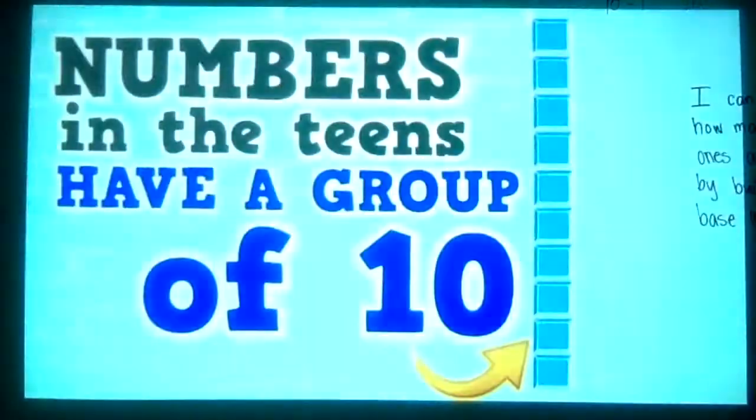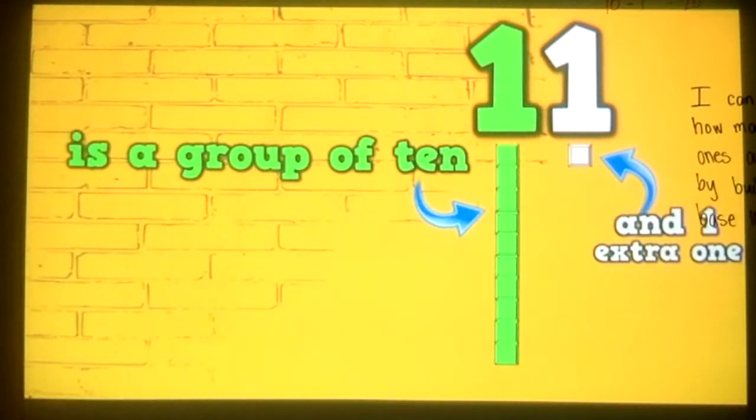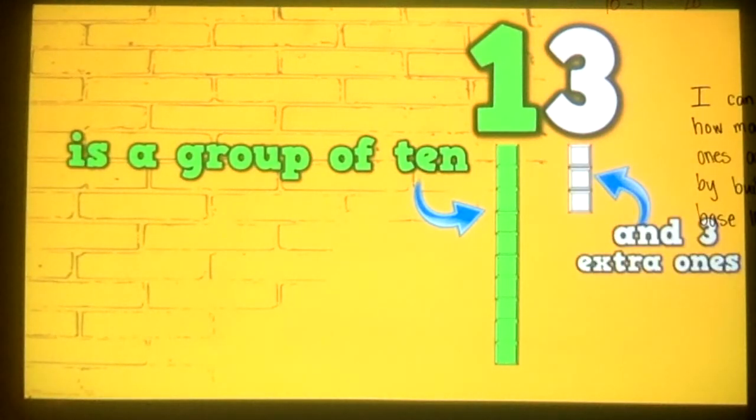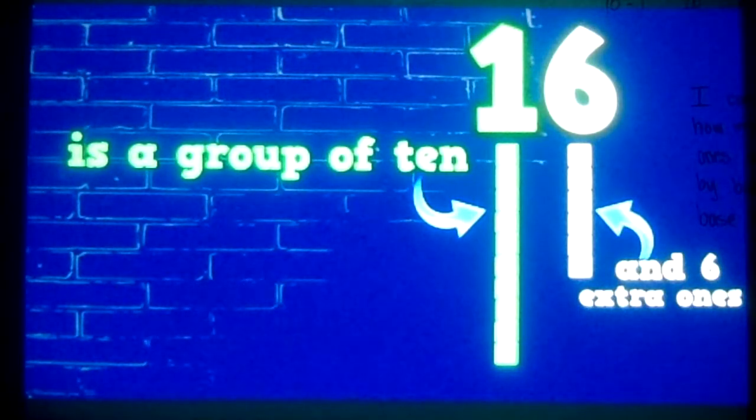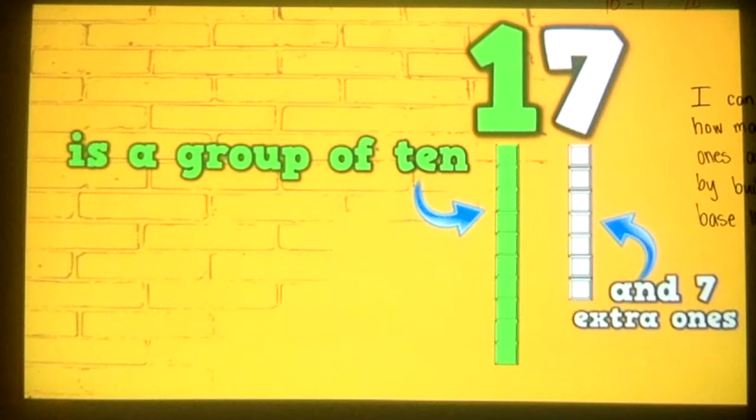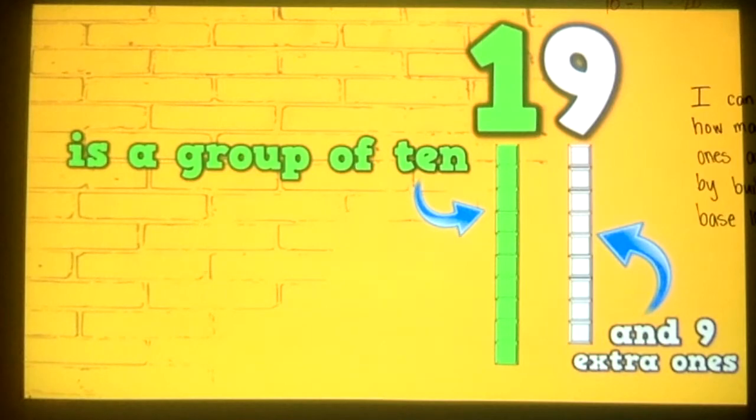Numbers in the teens have a group of 10. 10 is a group of 10 and 0 extra ones. 11 is a group of 10 and 1 extra 1. 12 is a group of 10 and 2 extra ones. 13 is a group of 10 and 3 extra ones. 14 is a group of 10 and 4 extra ones. 15 is a group of 10 and 5 extra ones. 16 is a group of 10 and 6 extra ones. 17 is a group of 10 and 7 extra ones. 18 is a group of 10 and 8 extra ones. 19 is a group of 10 and 9 extra ones.